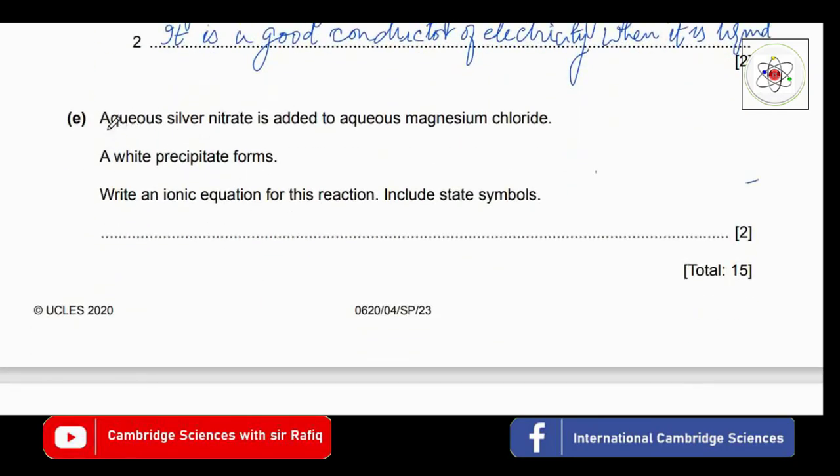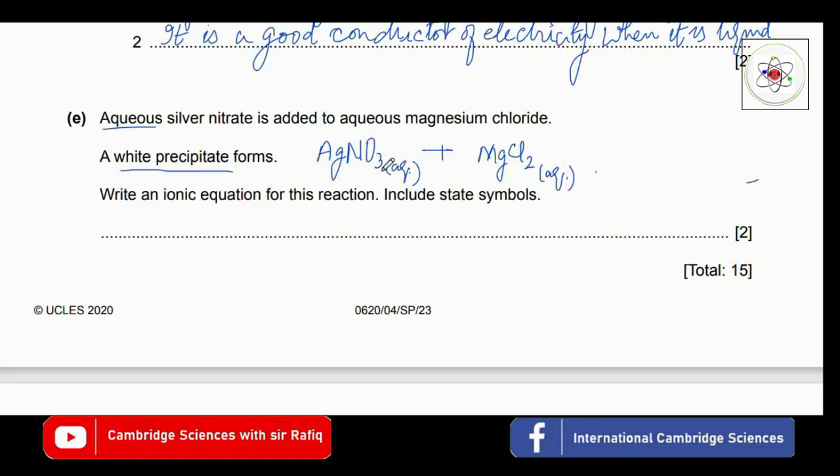E part. Aqueous silver nitrate is added to aqueous magnesium chloride. A white precipitate forms. And we are asked to write an ionic equation for this reaction, right? So let us look at the reaction first. Silver nitrate, which is an aqueous solution, plus magnesium chloride, which is also aqueous, meaning a soluble salt.